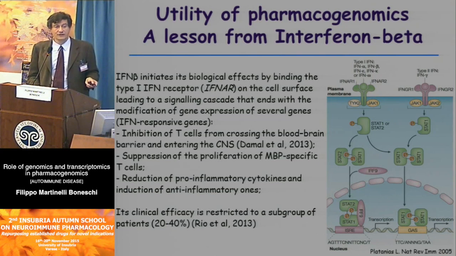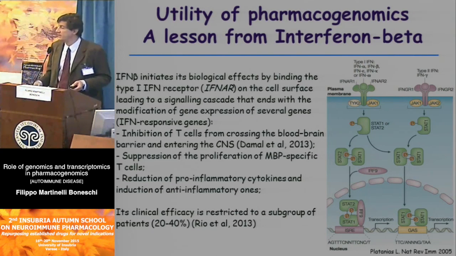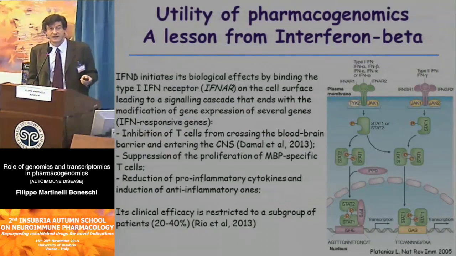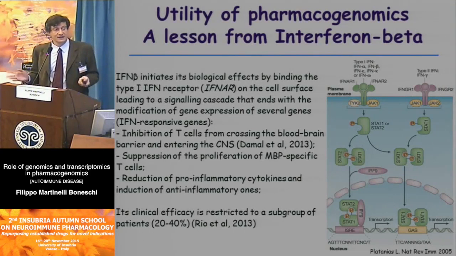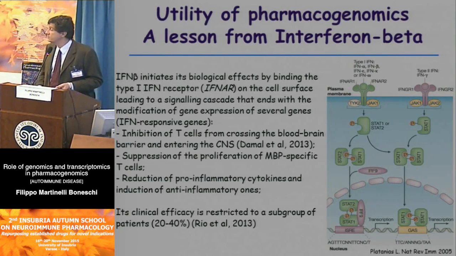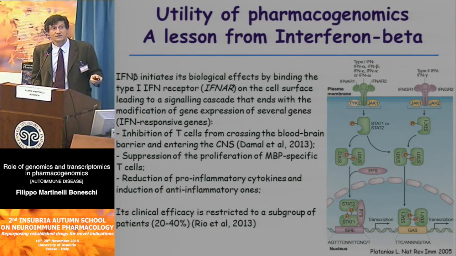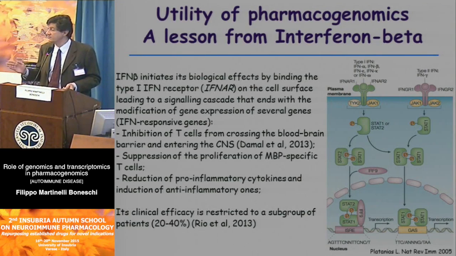Following this activation, there are several effects which are essentially protective against the disease. However, we know that the drug is effective in something around 20–40% of patients. So the question is, if this is the mechanism of action, why do only 20–40% of patients benefit from this particular drug?